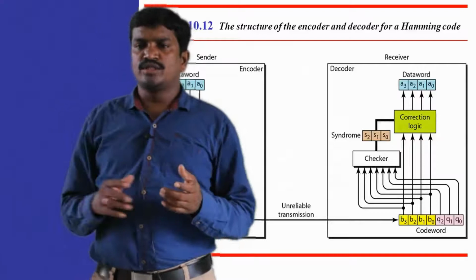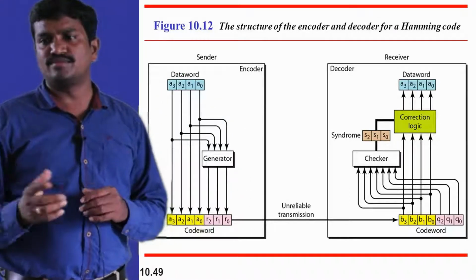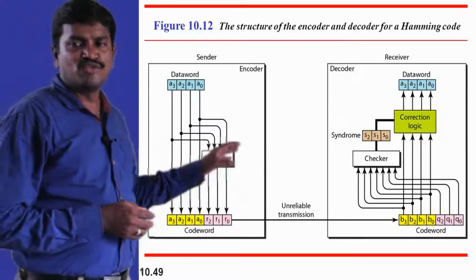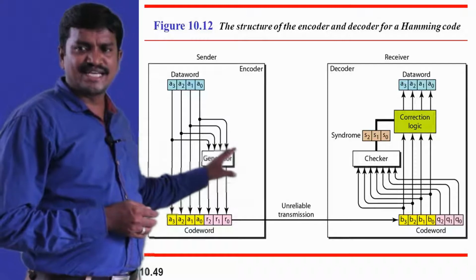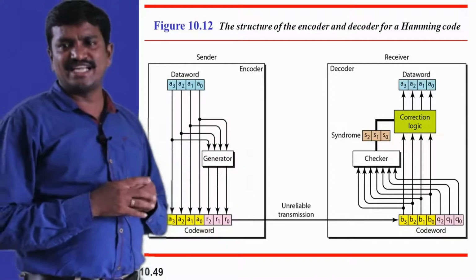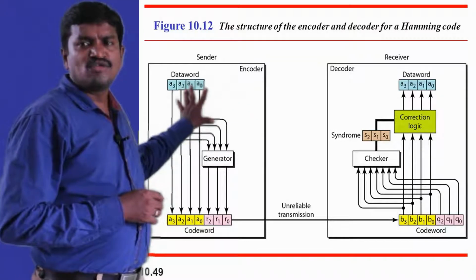Now comes the process of encoding and decoding at both sides, the process of encoder and decoder at the sender and receiver. At the sender side, in this example, how many bits are there in the data? 4 bits are there.